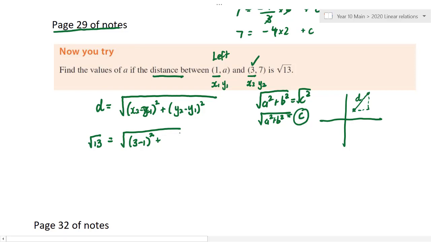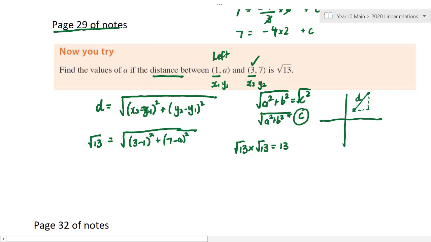Now, the second part, this is the tricky part, is y2 is 7, but y1 is what? It's a. So it's 7 subtract a squared. Okay, now just follow me for the time being. How do I cancel out the square roots on both sides? What would I have to do? We square them. So root 13 times root 13 is simply just 13.